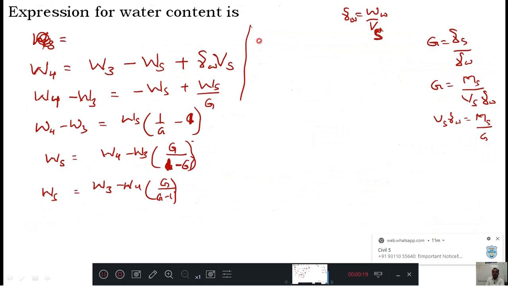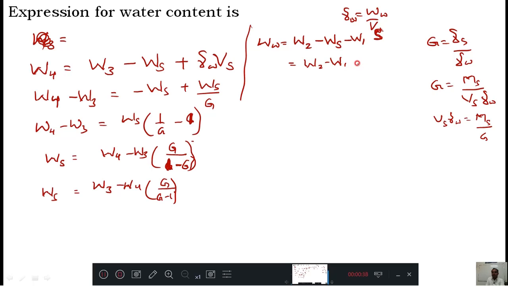Therefore I will write weight of water equal to total W2, from that you remove Ws, and from that you remove the container weight. Now I will write it in a better manner, that is W2 minus W1 minus Ws. I can put a bracket here, no problem. This is the mass of water.